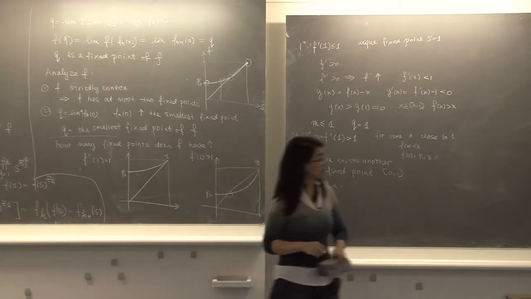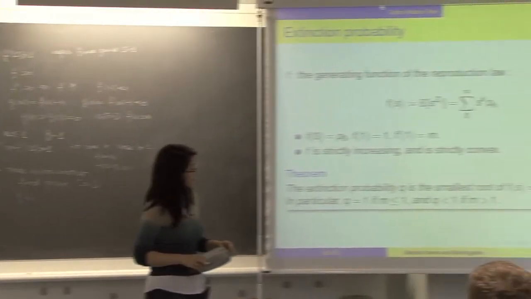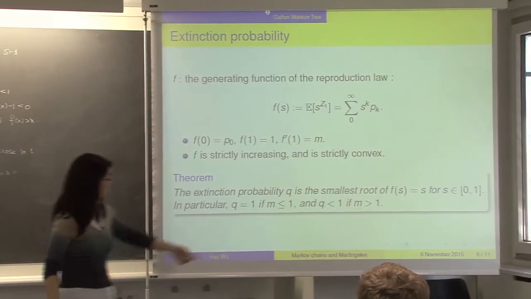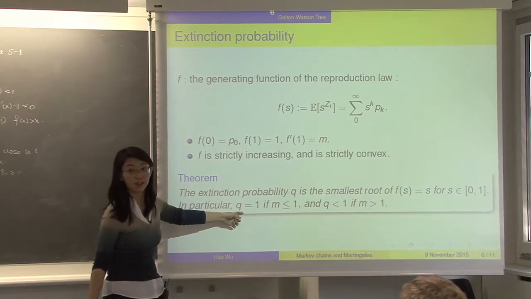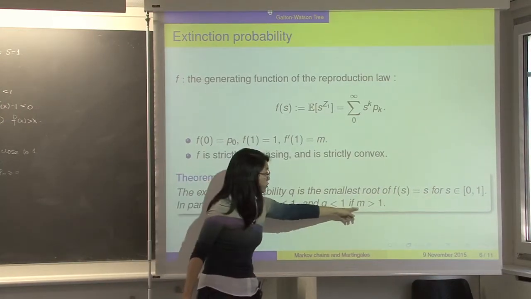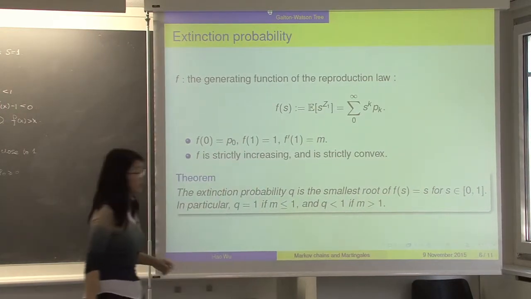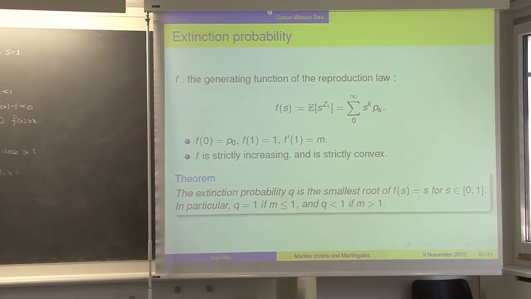So this theorem tells us our intuitive idea is correct. If the mean is small, then the tree almost surely dies. And if the mean is strictly greater than 1, then we have a strictly positive chance to survive.